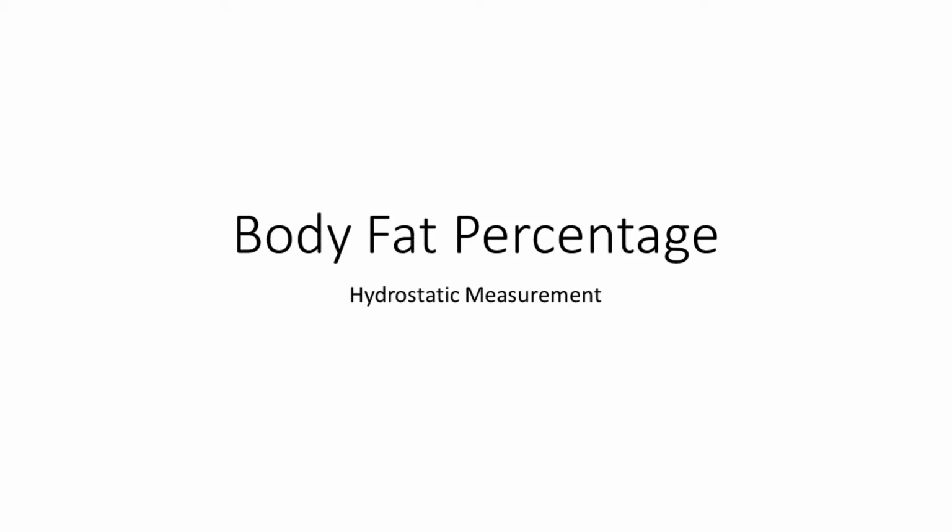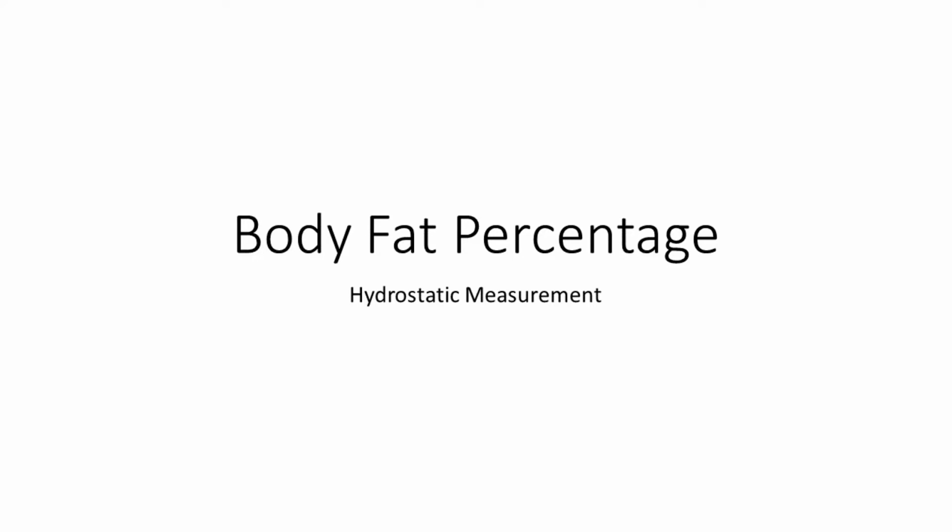So once we have taken a measurement, we would like to answer a question. If we know the overall density of the body, its mass, and we also know the values for the average density of the fat and lean parts of the body, can we find the body fat percentage? And the answer is that we can.